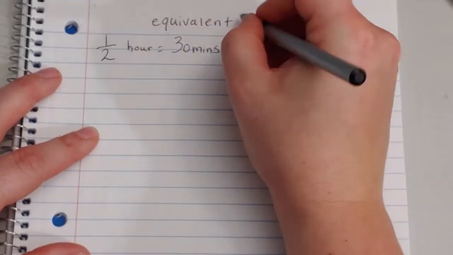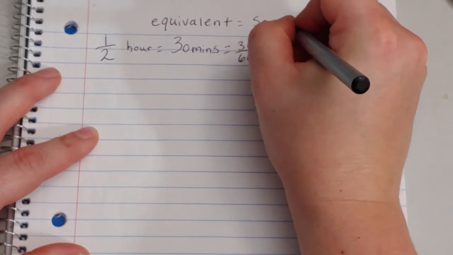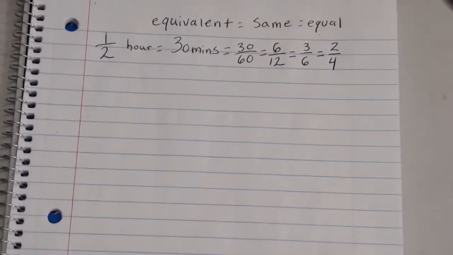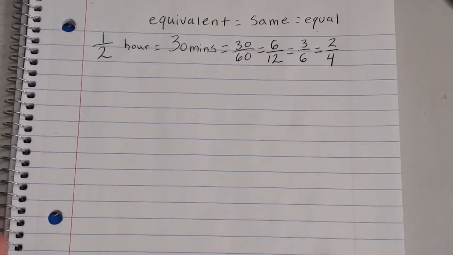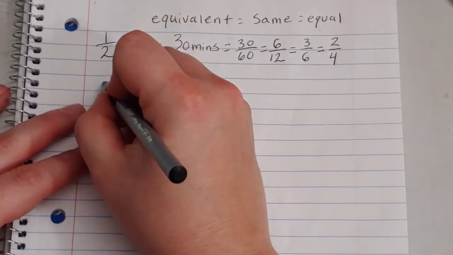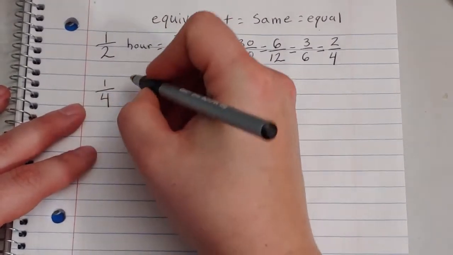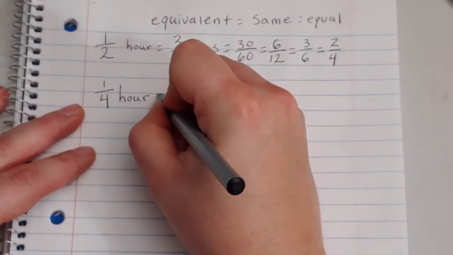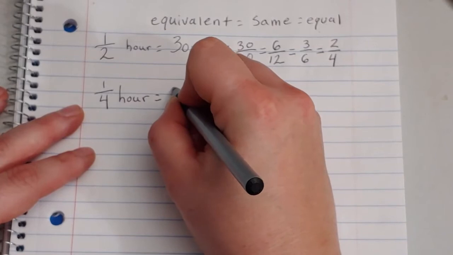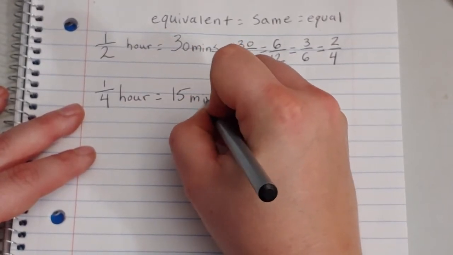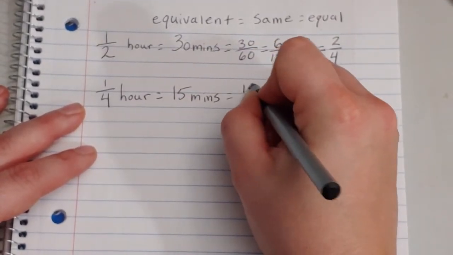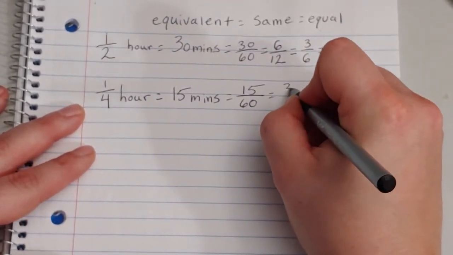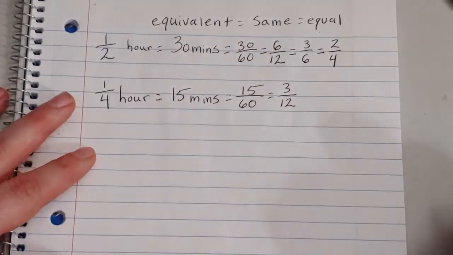Equivalent fractions, equivalent amounts. We looked at the 1/4, the quarter, 1/4 of an hour, which is the same as 15 minutes. So 15 60ths or 3 12ths.